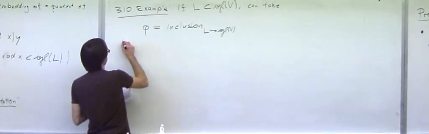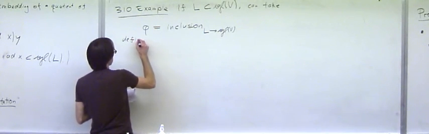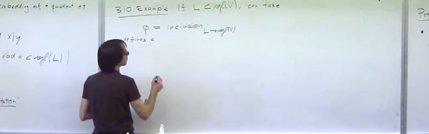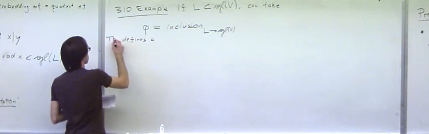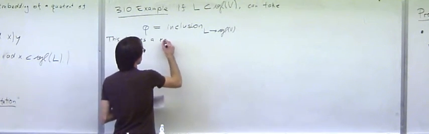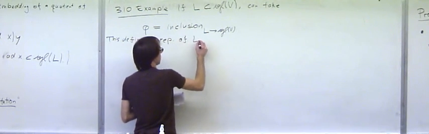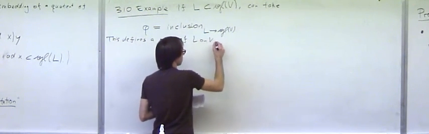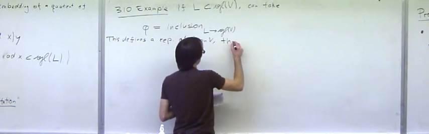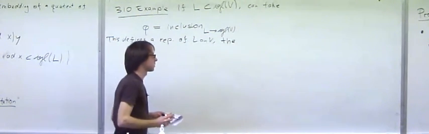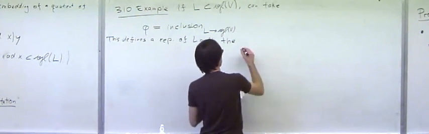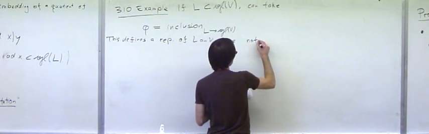So this defines a representation of L on V, and there are several names for this around. In the book it's called the natural representation.